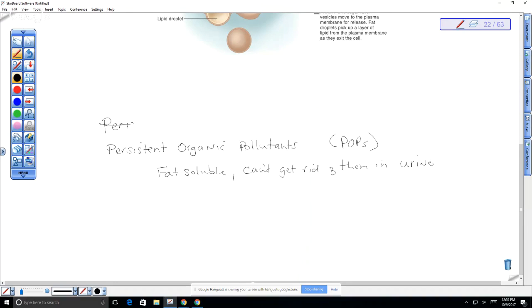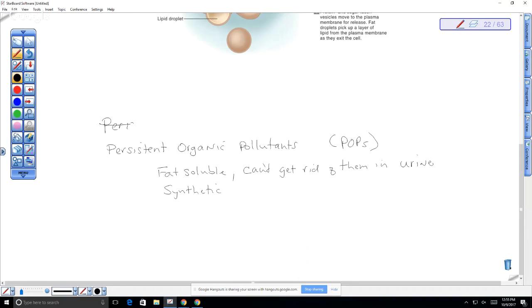Most lipids are broken down by the liver, but if the liver doesn't recognize it because it's synthetic, then the liver does not know how to break it down. So these are also synthetic, which means that they're not naturally found in the natural world.